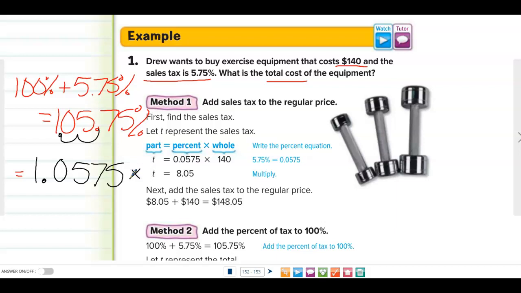Isaiah? What was my total cost of my equipment? What was the cost of my equipment in this story problem? 140. So when I type that into my calculator, I get a final cost of what, Cole?